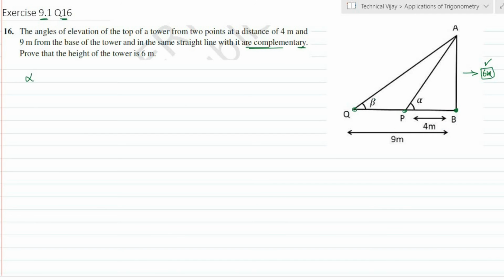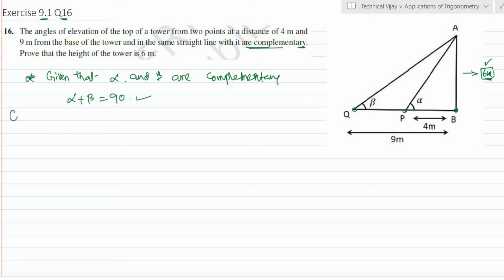Given that alpha and beta are complementary to each other, complementary means alpha plus beta is equal to 90 degrees. So by the use of this and the distances, we have to prove that the height of this tower is 6 meters. First we will consider alpha.